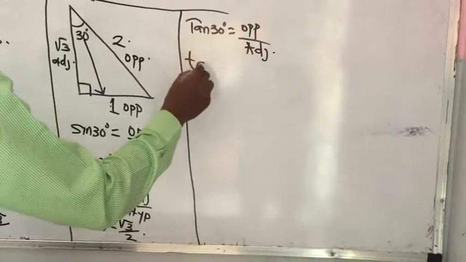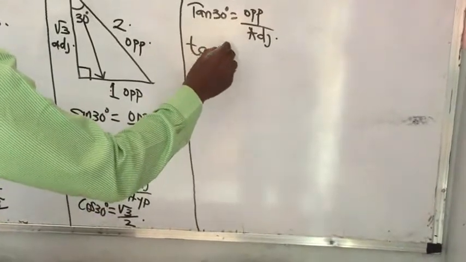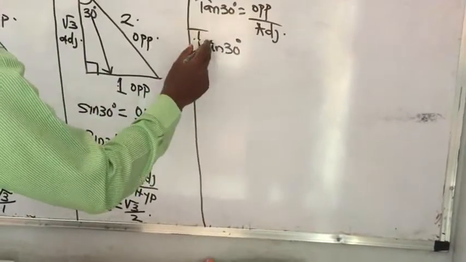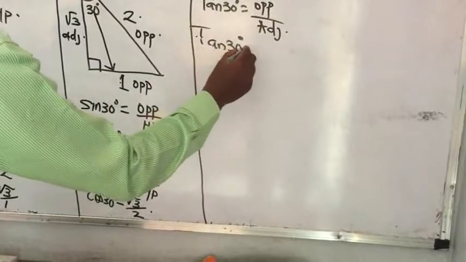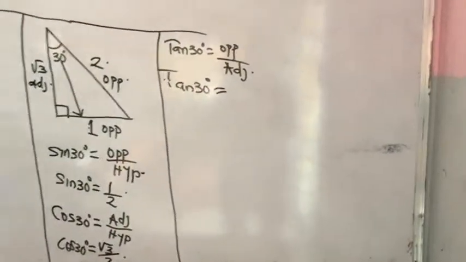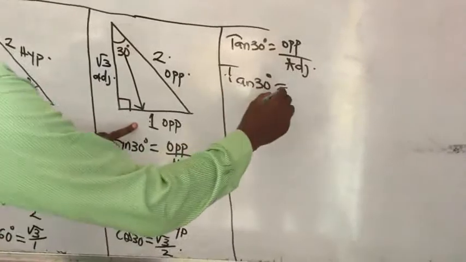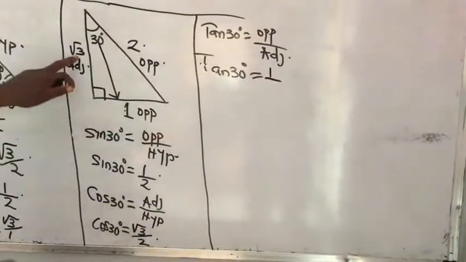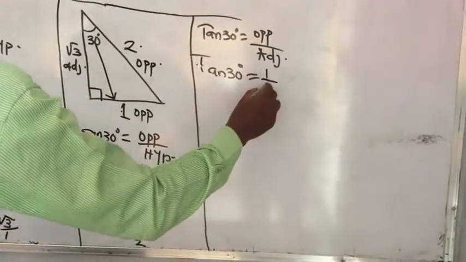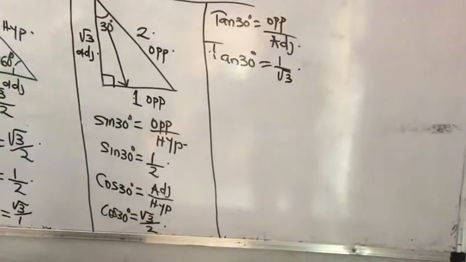So tan 30 is equal to, what's the opposite? Of course, 1. And the adjacent is what? Root 3. So that is the answer for this problem.